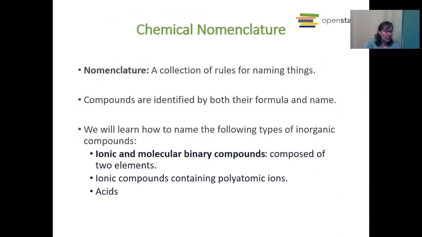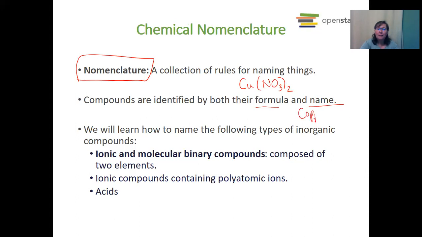Now let's take a look next at chemical nomenclature. Nomenclature is a collection of rules for naming things. Compounds are identified by both their formula and their name. Remember from that previous slide where we had this formula, Cu(NO3)2, the name that went with that was copper 2 nitrate, and they mean the same thing.